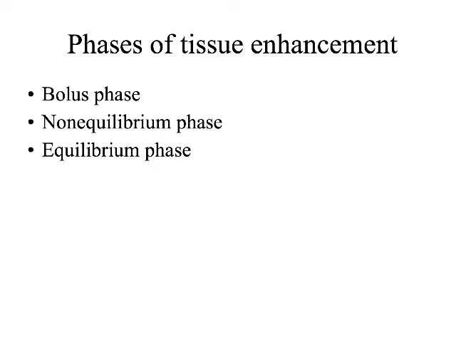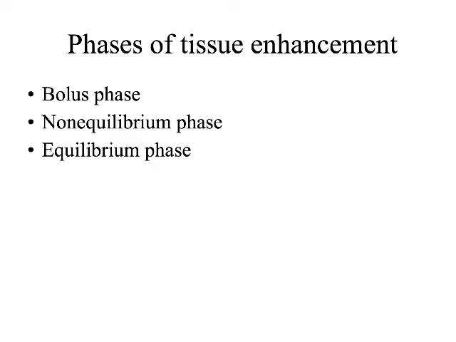Equilibrium means it's all the same, right? So this is actually not helpful to us, that there's this phase where the contrast has just been evenly distributed throughout the body. Now, most of the time, if we're doing IVPs or things like that, that's the most common way that you'll be using IV contrast as an X-ray tech is for an IVP.